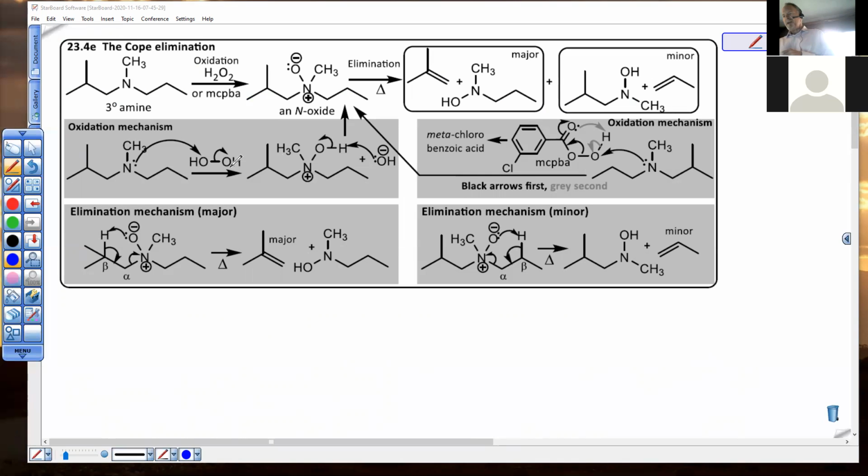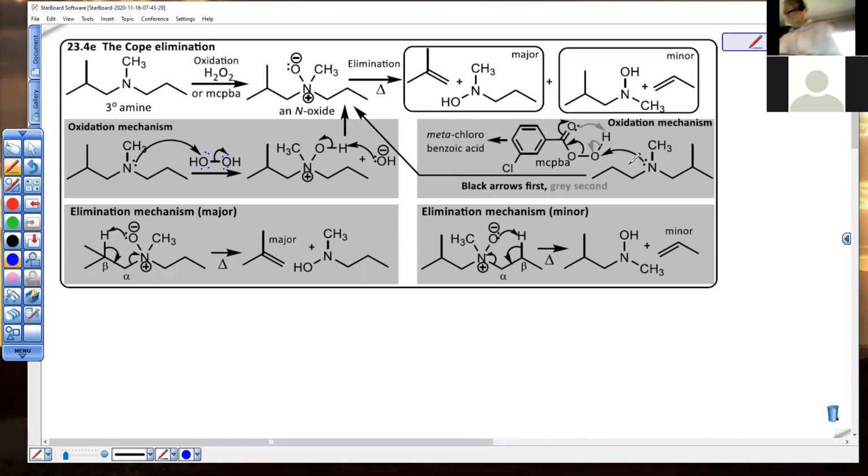If you use peroxide, you have an attack on the oxygen. Why would that happen? Well, it relieves these lone pair repulsions on adjacent oxygens, which is always what makes peroxides unstable. And then you have an acid-base step at the end, and you generate an N-oxide.